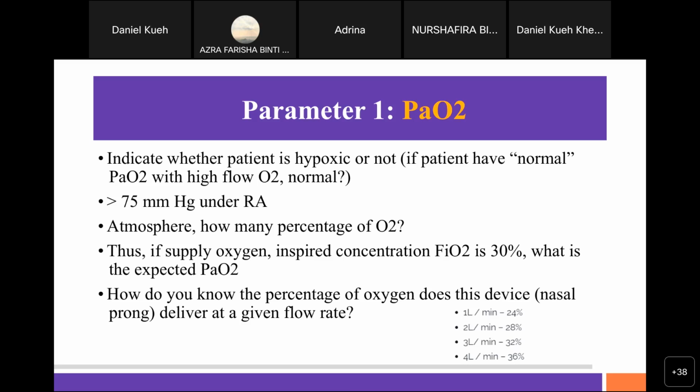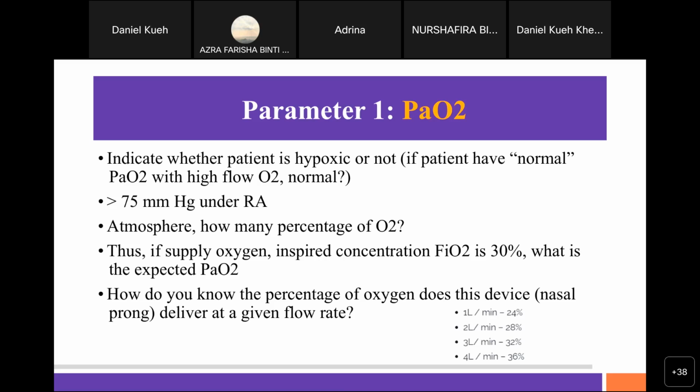So why is it above 75? This is not that important, but it's something you can use to understand. When we go to the ward, we write "under room air." Under room air, in the atmosphere, how much percentage of oxygen is there? Nitrogen is about 70%, for example, and oxygen is 21%.